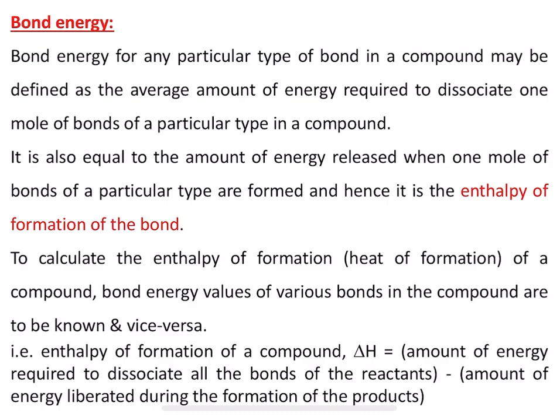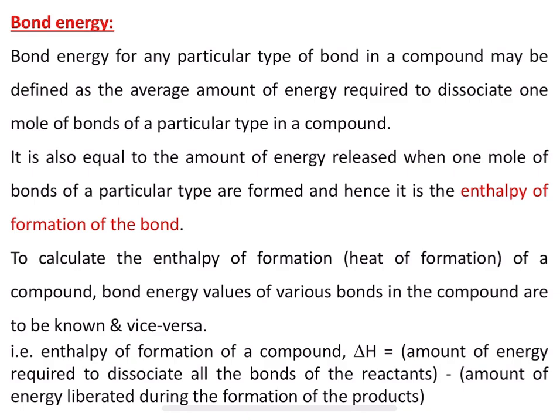Okay, so now let me define bond energy. The bond energy of any particular type of bond in a compound may be defined as the average amount of energy required to dissociate 1 mole of bonds of a particular type in a compound. So how much energy is required to dissociate the bond is the measure of bond energy.